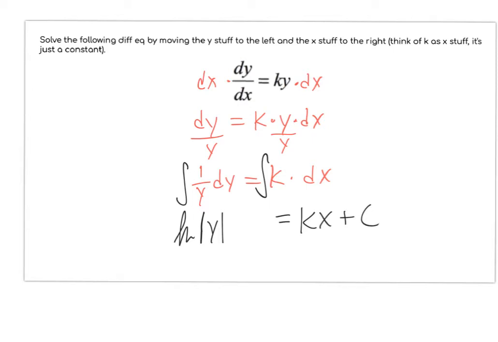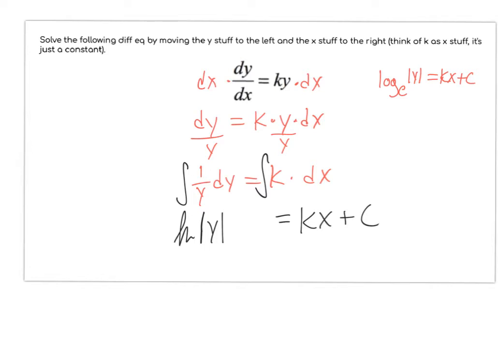Okay, I still want to get y by itself, so let's do that. I know to undo a natural log, I've got to convert this to an e form, because natural log is the same thing as saying log base e of the absolute value of y is kx plus c.